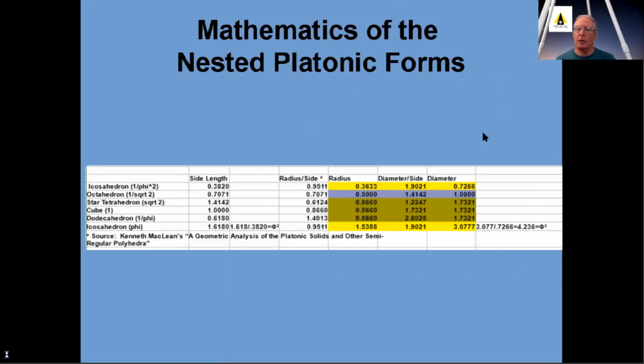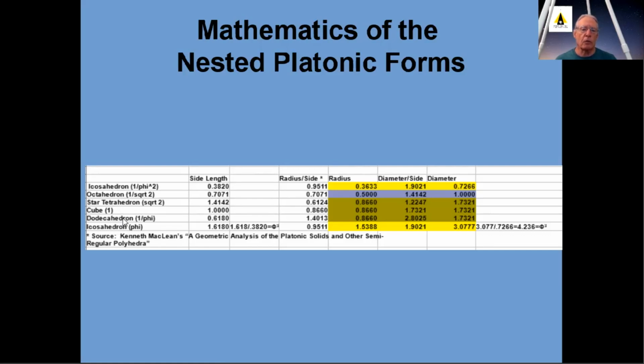Now we'll start to get into some of the new data. The mathematics of the nested Platonic forms was the first thing that I told you I was going to be demonstrating for you today. In this chart, I put the progression in the sequence that Lawlor has depicted it: the inner icosahedron, the octahedron, star tetrahedron, cube, dodecahedron, and then the outer icosahedron again.